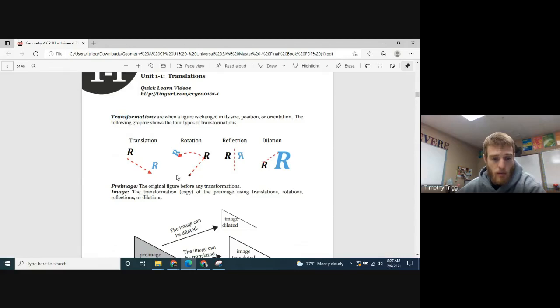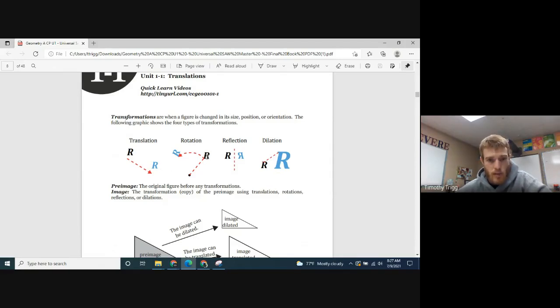Okay, 4 different types of transformations. So one is a translation. So notice for a translation, they translated this R to this blue one, but basically notice it's just moved, right? It's just shifted over. That's a translation. It's still facing the same way, still the same orientation. It's just in a different place.